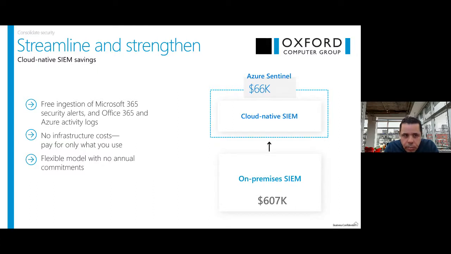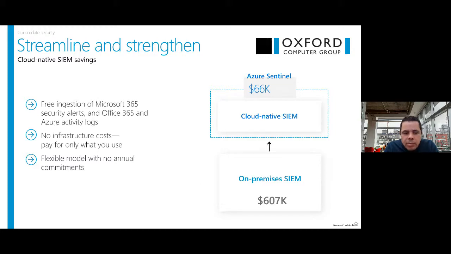The benefit here, of course, is that if you're already a Microsoft Office 365 and Azure AD customer, there's free ingestion of that data into Azure Sentinel. There are no additional infrastructure costs, and of the two pricing models that Microsoft has, you pay for only what you use.